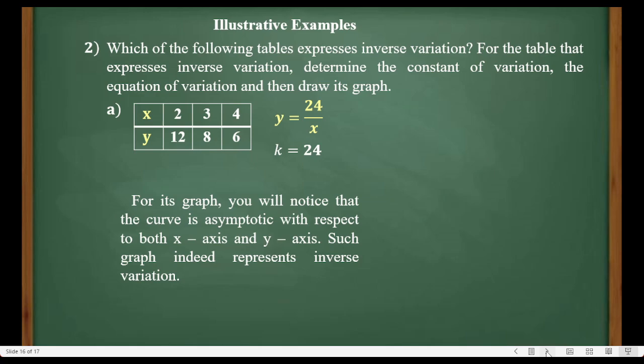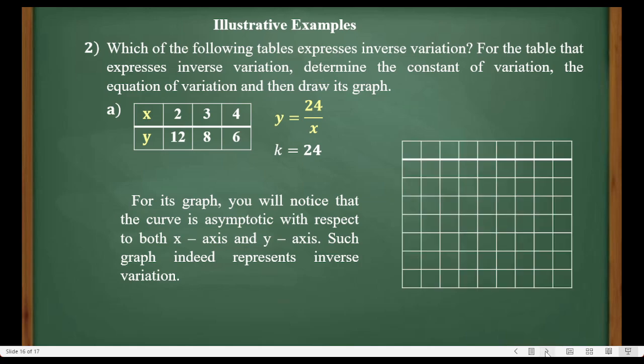Now, for its graph, you will notice that the curve is asymptotic with respect to both the x-axis and y-axis. Such a graph indeed represents inverse variation. So, for you to visualize what this is talking about, this is the graph.